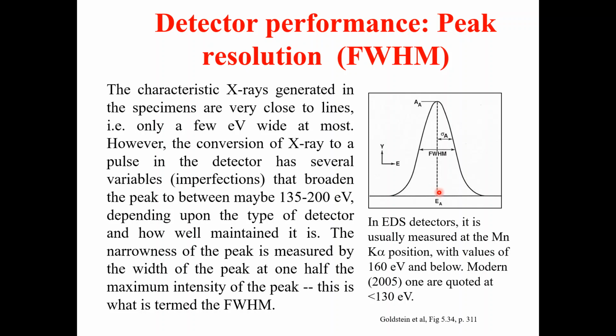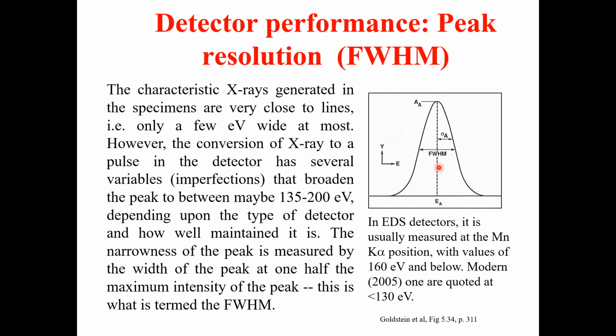The narrowness of the peak is measured by the width of the peak at one half of the maximum intensity, and that is called FWHM, which means full width at half maximum.